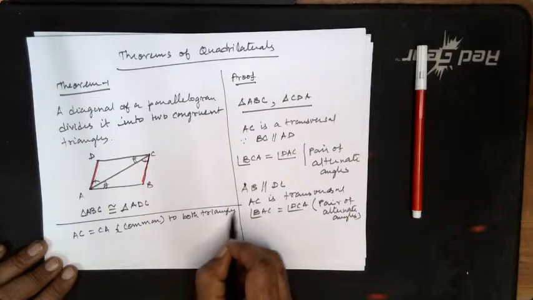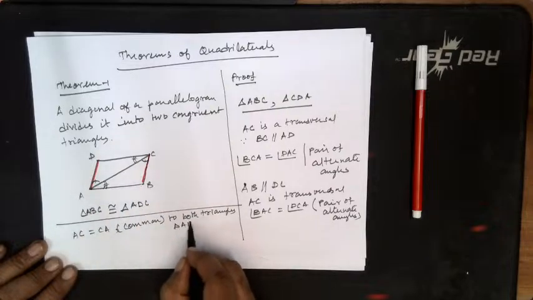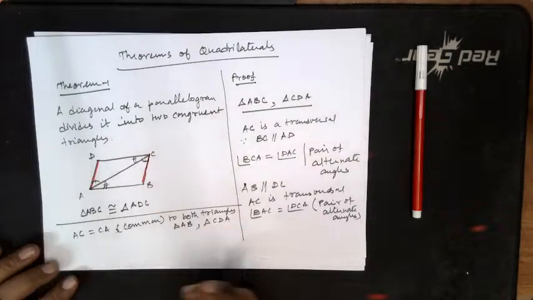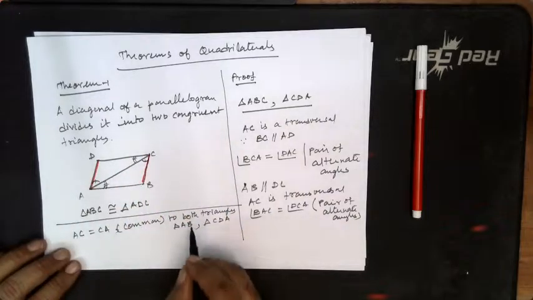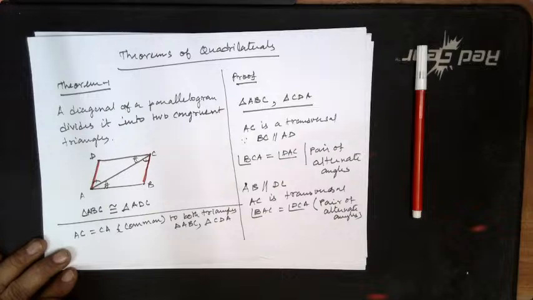What are those triangles? ABC and CDA, triangle CDA or ADC, right?